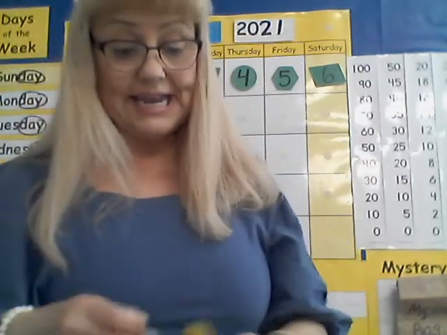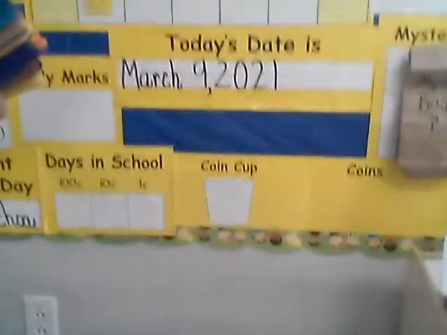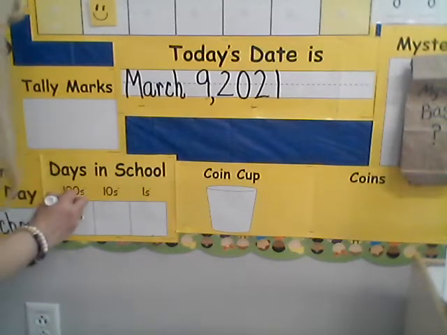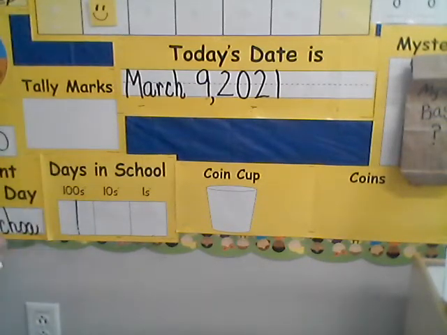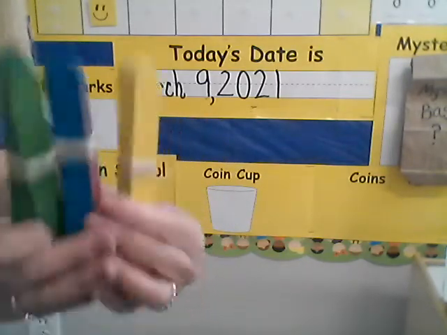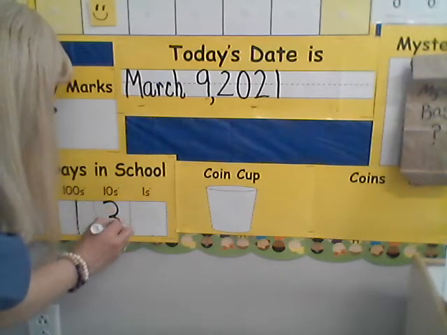All right, so now let's see. Let's go ahead and graph on our days in school. All right, so really quickly in our 100s column, of course, I'm going to add a 1. In Mr. 10's column, I am going to add, well, let's see what we have here. 1 plus 2 equals 3. So I'm going to add a 3 in Mr. 10's column.